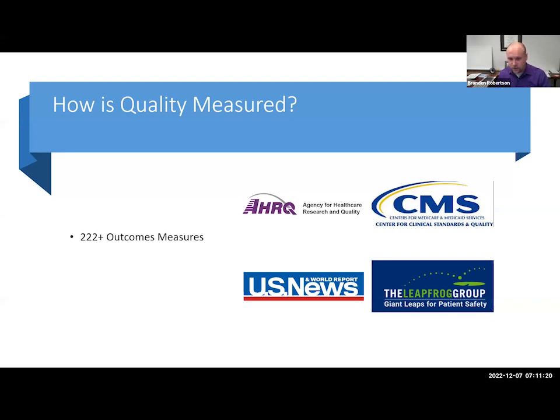Look at Carillion versus some of our peers, including Lewis Gale, for a family member who maybe needs a hip replacement, and look at these four data measurement systems: AHRQ, U.S. News and World Report, CMS, and Leapfrog. Where would you recommend that your loved one go?